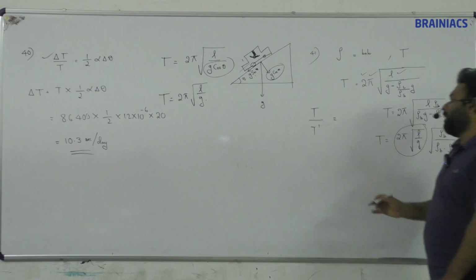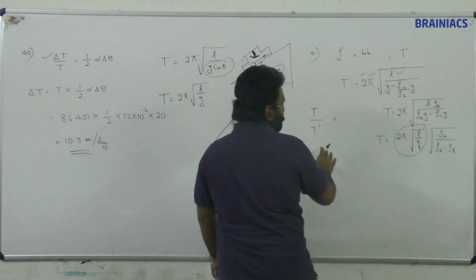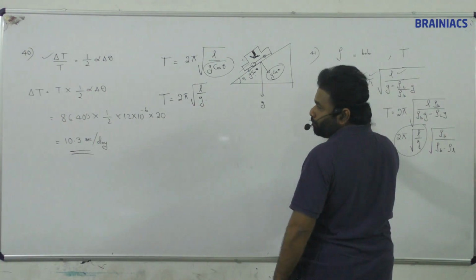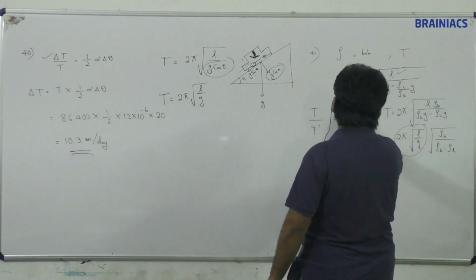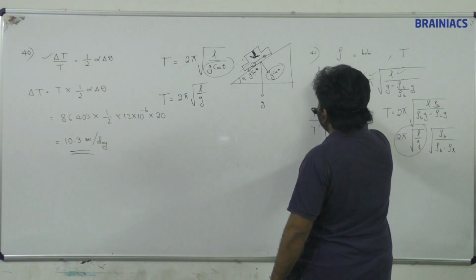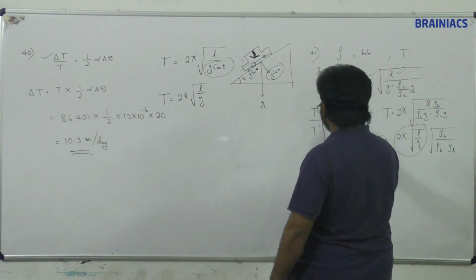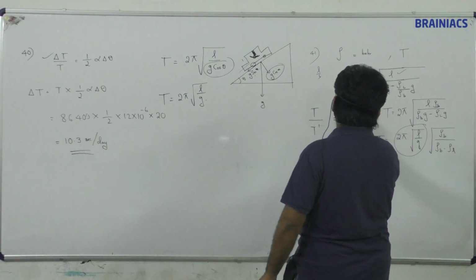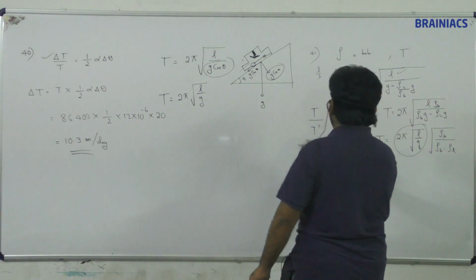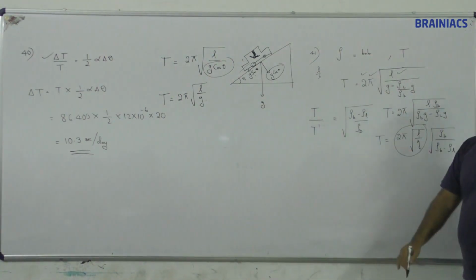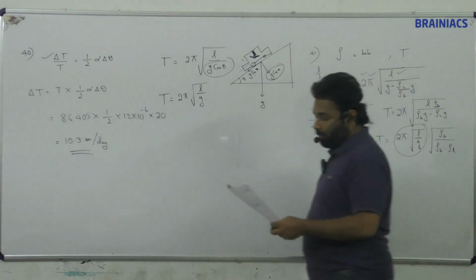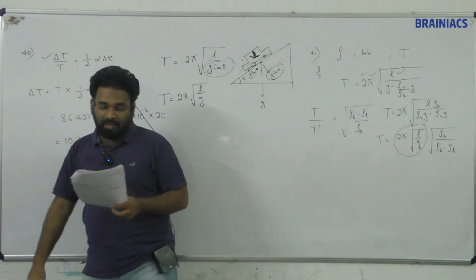Now T by T dash is equal to what? Simply L by G, nothing will come here. So I can write this as density of the bob minus density of liquid divided by density of the bob. From this we can find the new time period.